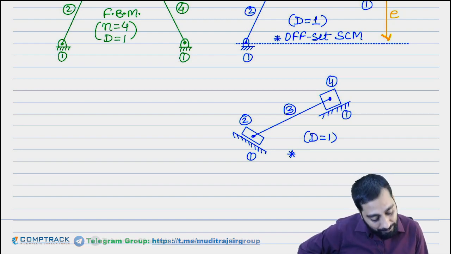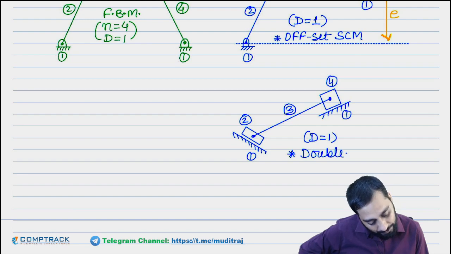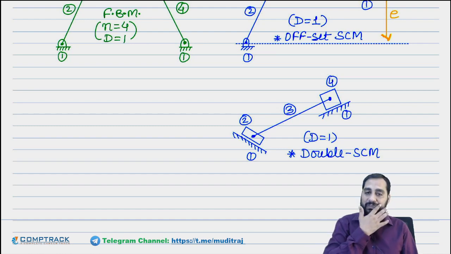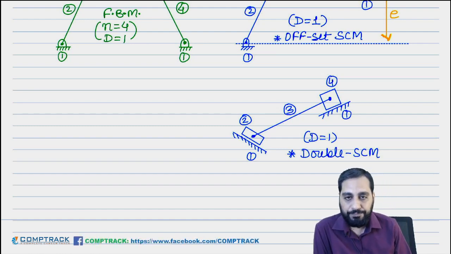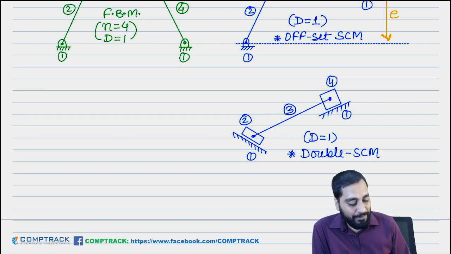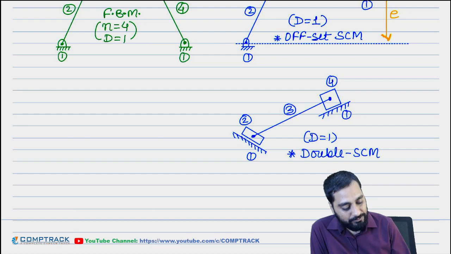Now what will be the name of this mechanism? This mechanism will be called double slider crank mechanism. This will be a double slider. Two sliders are there, so this mechanism will be called double slider crank mechanism. Okay. Now, if they are moving in different directions, let's say if you move it like this, then you can feel here it will go up.